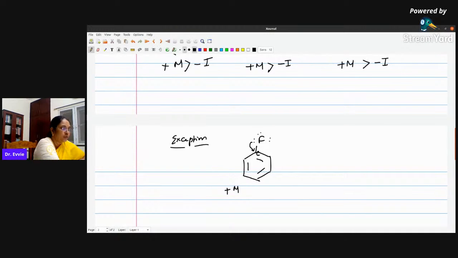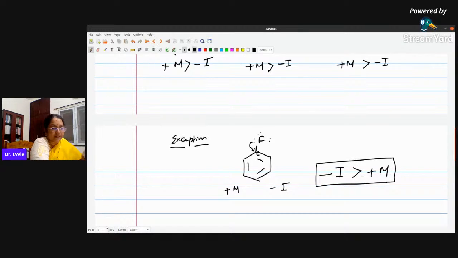Then we know fluorine is more electronegative than carbon, so it will also show minus I effect. Please remember the exception is in the case of halogens: when the benzene ring is attached to a halogen, the minus I will dominate the plus M. See, chemistry is full of exceptions, and exceptions are more important in chemistry because they'll catch you. Fine. So this is the thing.